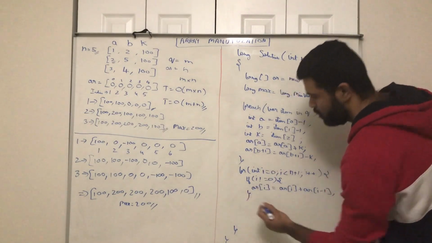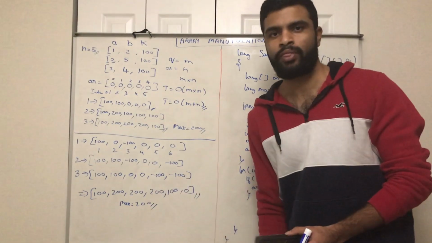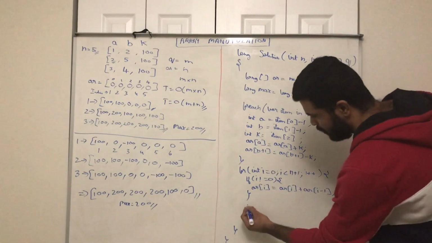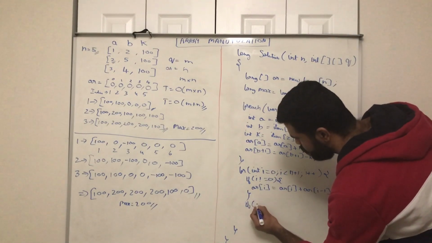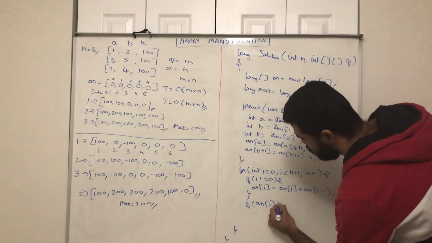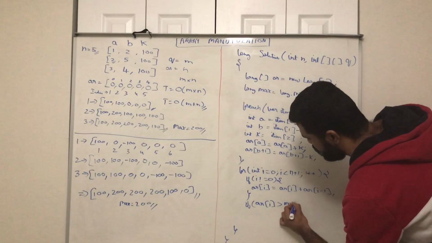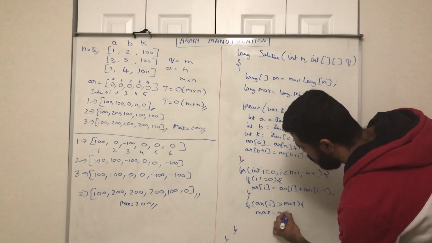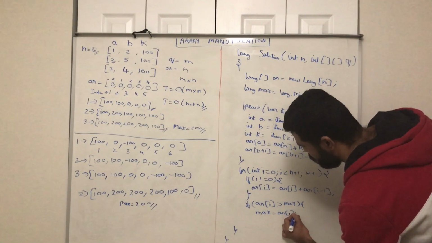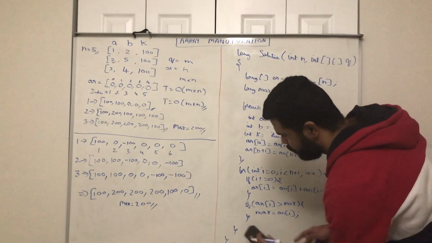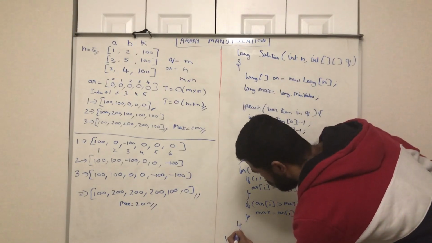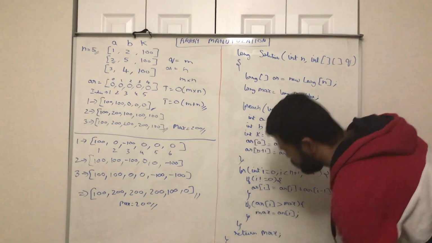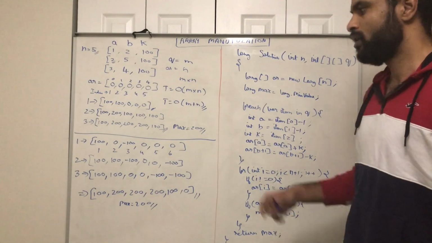That way I can perform the prefix sum algorithm on the array. Also, in each iteration I will keep track of the maximum value. So I will check if array of i is greater than max, then I will update the max value to array of i. Finally I'll close the for loop here, and I will return the max value. Okay, so that's it friends, this is simple.